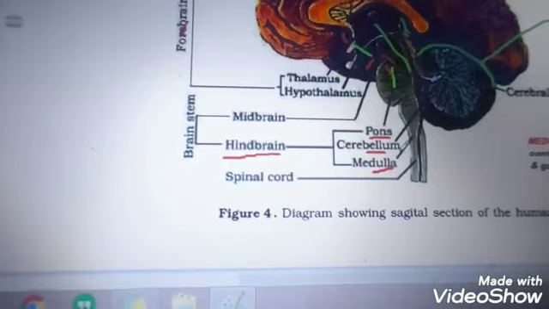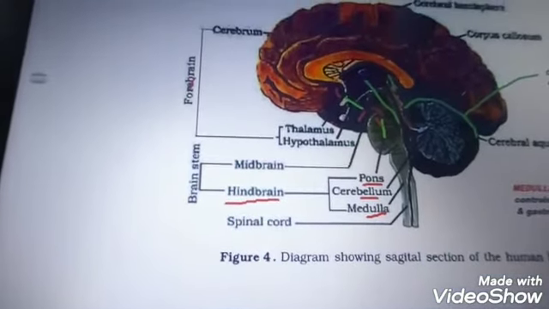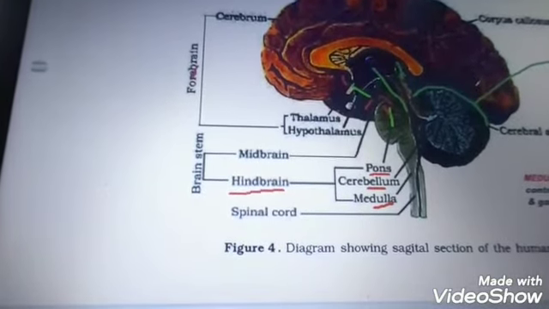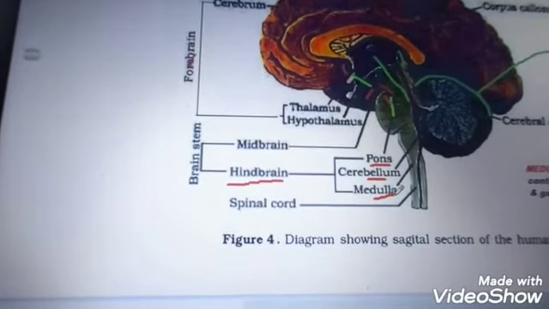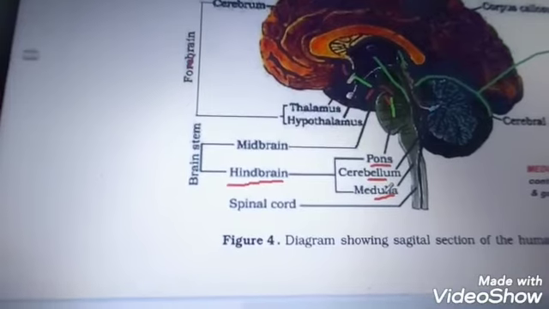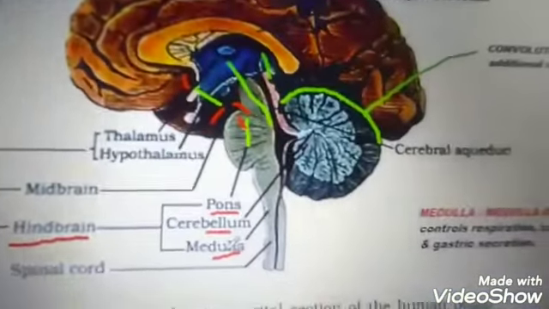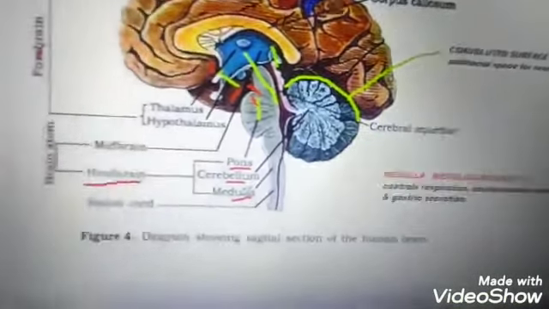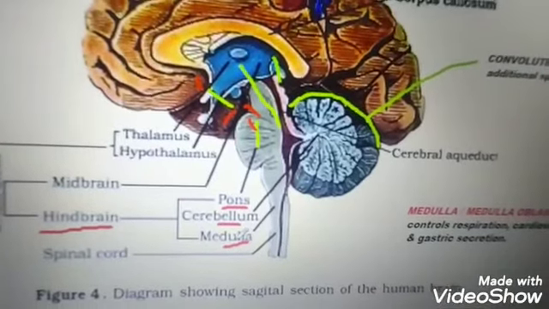The cerebellum has a convoluted surface to provide additional space for neurons. The medulla or the medulla oblongata controls the respiration, cardiovascular reflexes and gastric secretions. The medulla connects the brain to the spinal cord.